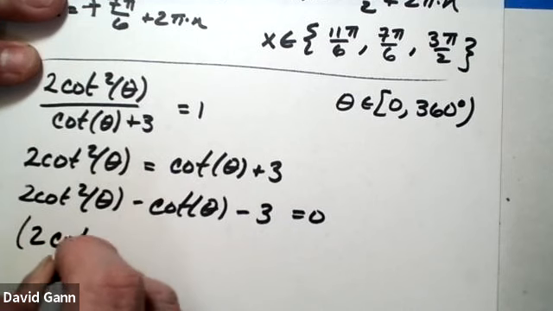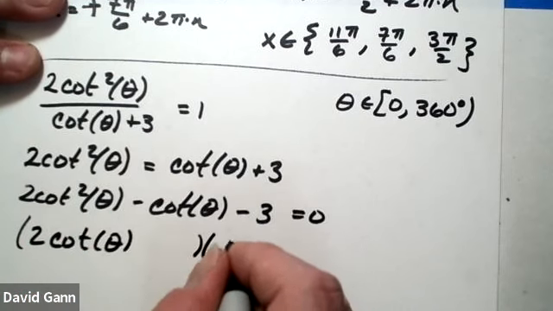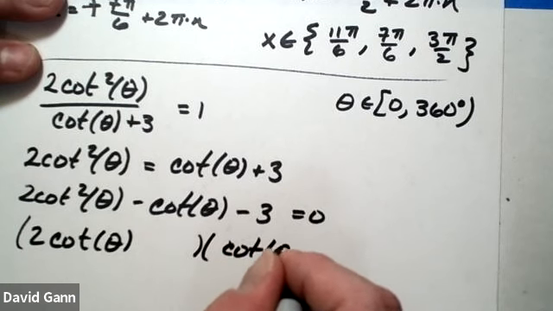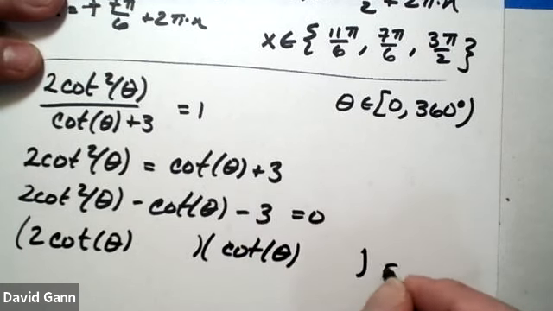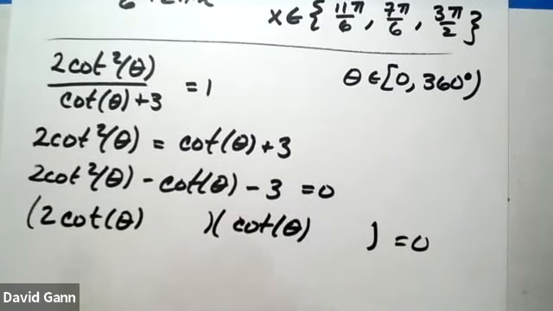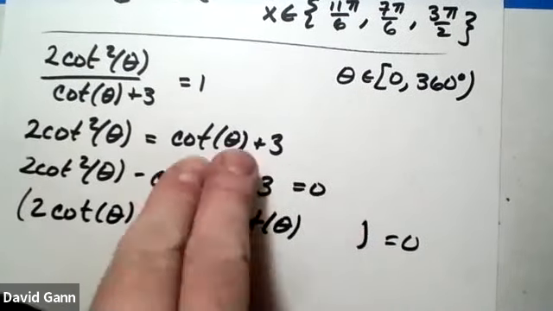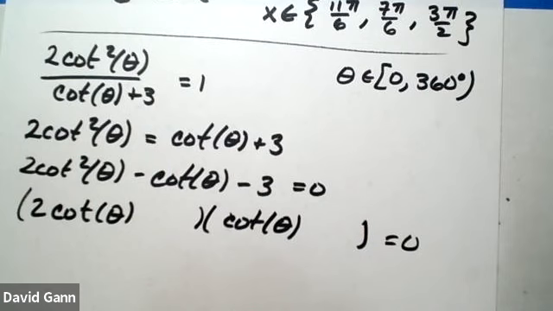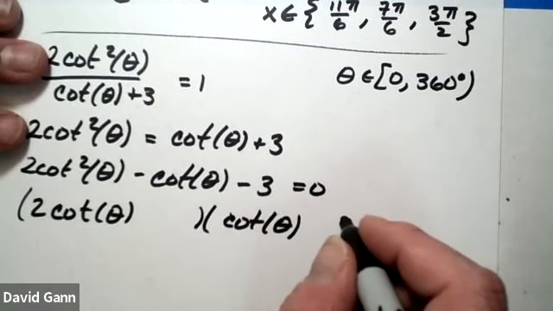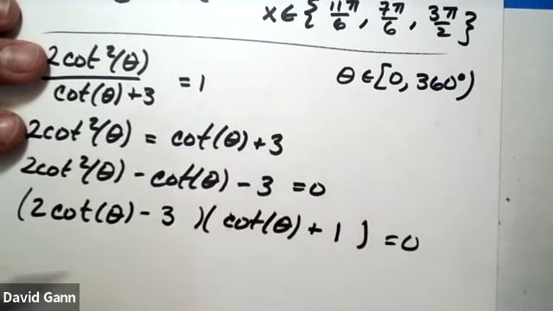So how about 2 cotangent of theta, and we don't know if it's plus or minus, and cotangent of theta, plus or minus something. This is the old guess and check method. What I want is for the product of these two things to be -3, and I think I get what I'm after if I use -3 here and +1 there.